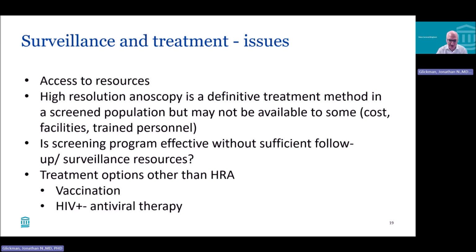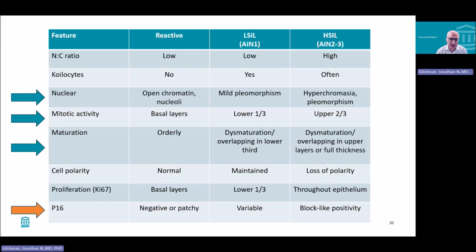And I think one has to always question whether a screening program can be effective and cost effective, worth the effort without sufficient follow-up or surveillance resources. And of course, there are treatment options other than high-resolution anoscopy. These include HPV vaccination, HIV antiviral therapy in HIV-positive patients. So these certainly can have an impact on the natural history as well.